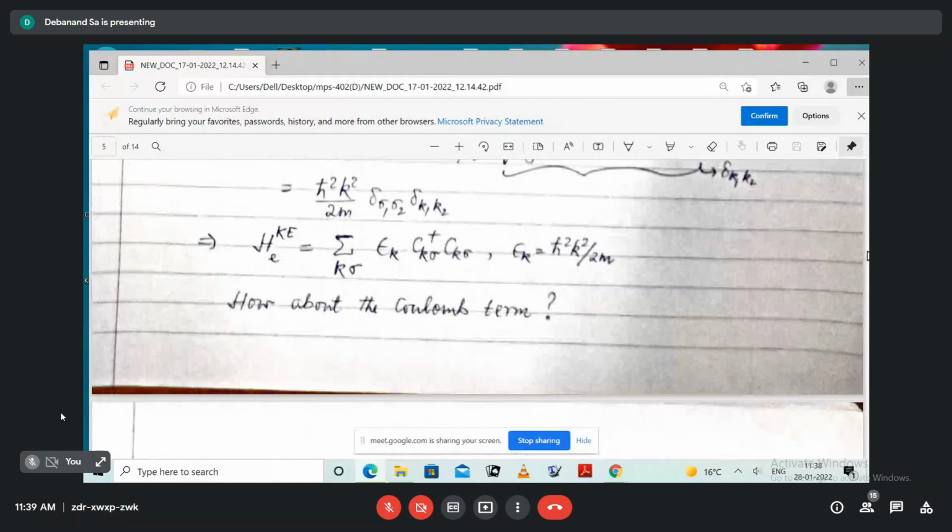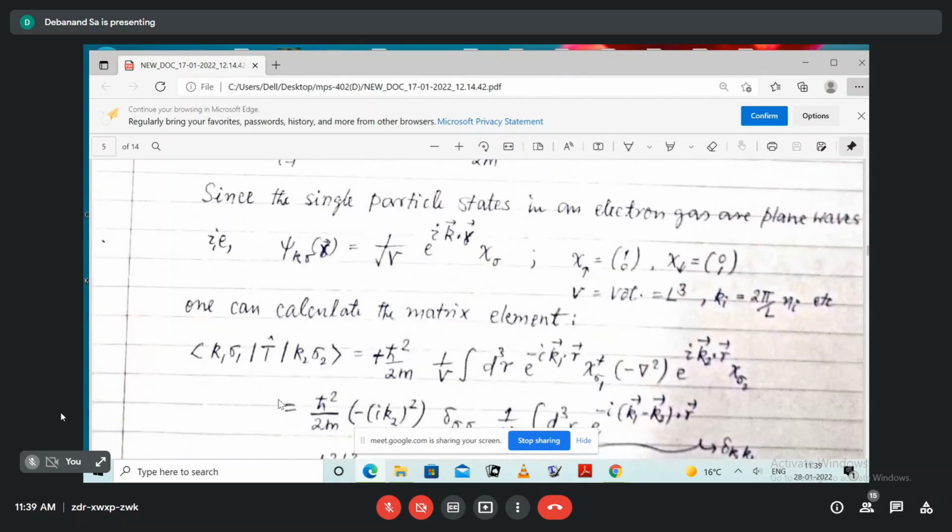So your kinetic energy operator, which is supposed to be sum over ij of ItJ and then Ci dagger Cj, now that you replace it by sum over K1 sigma 1, K2 sigma 2, and then this matrix element, and then C K1 sigma 1 dagger, C K2 sigma 2.